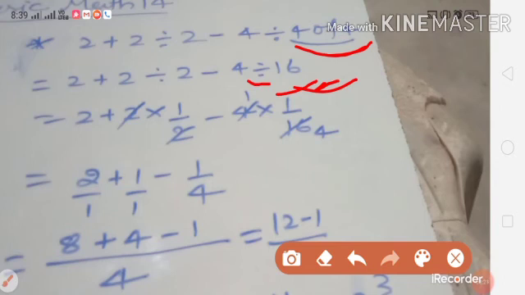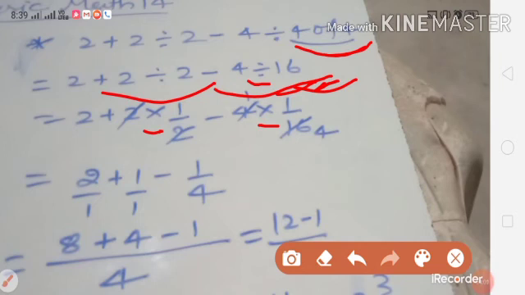The next step is the function of divide. In divide you do not have to divide, but only change the sign of divide into multiplication, and inverse the number which is after divide.